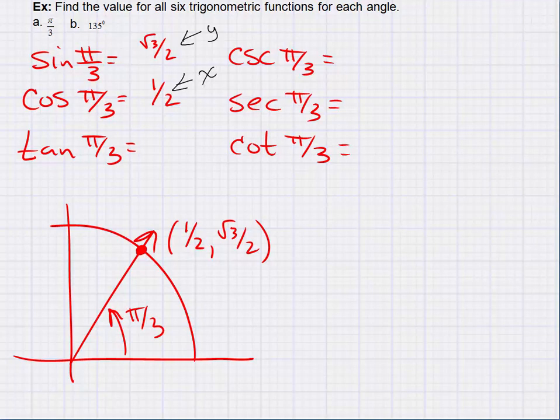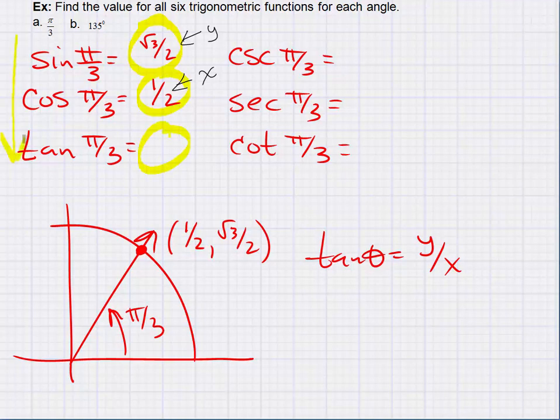Right? Well, think about how these things are defined now. Tangent of theta is y over x. Well, if it's y over x and I know my y and my x, if I just take this value divided by this value, I'll get this value. And that's why I stack these up vertically like this, because once I find sine and cosine, I can get tangent out of that by doing sine divided by cosine.